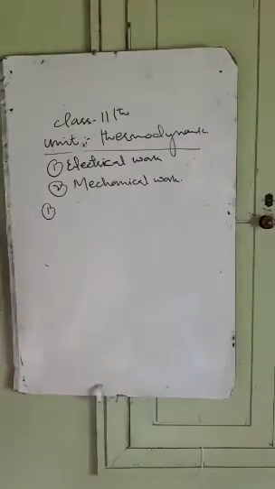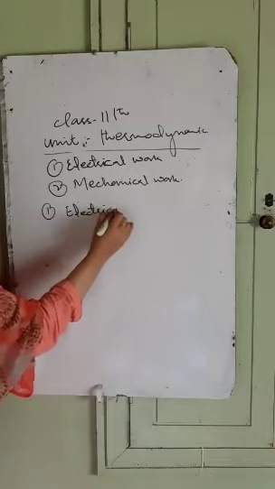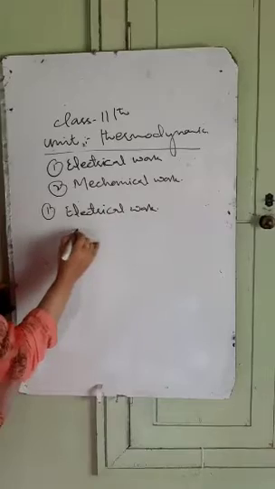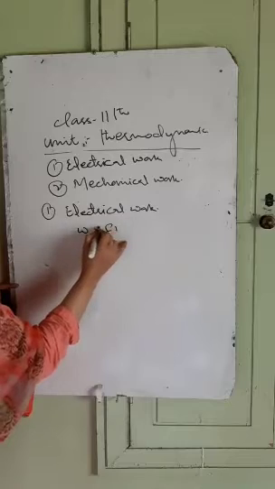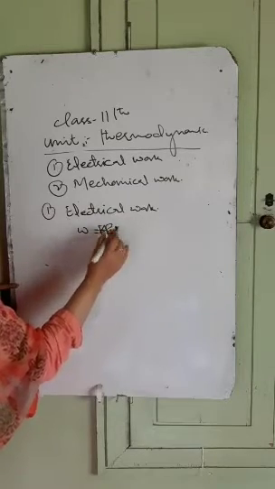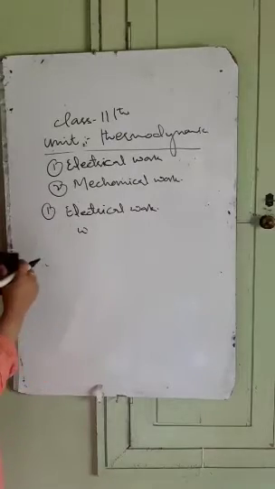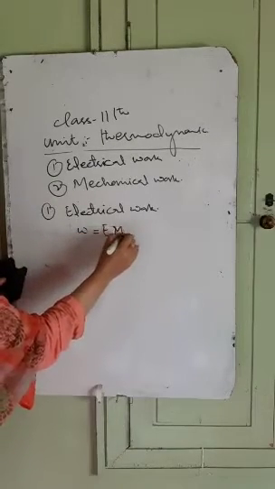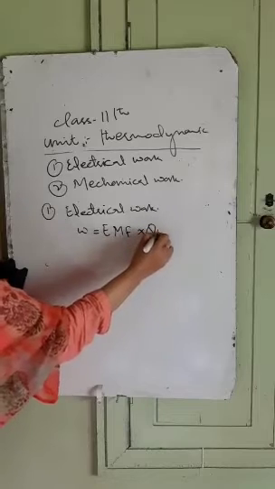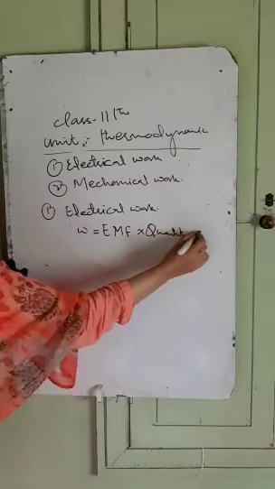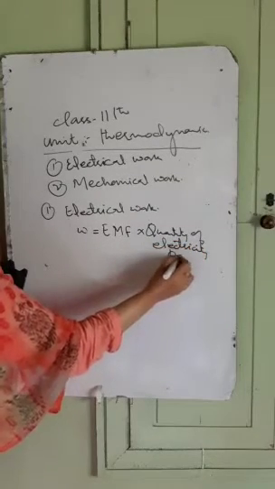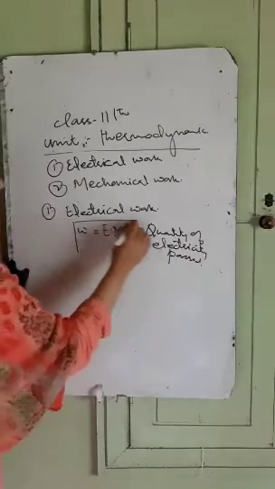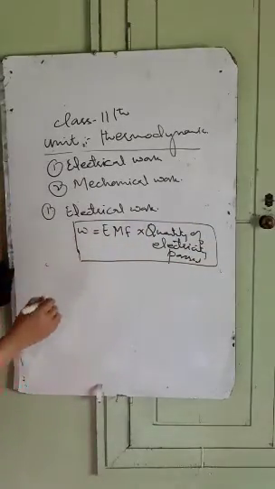In electrical work, work W is equal to the EMF, electromotive force, multiplied by the quantity of electricity passed. You will study this in class 12th in the unit called electrochemistry.